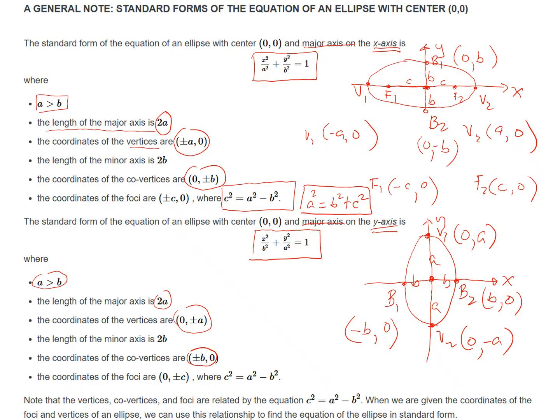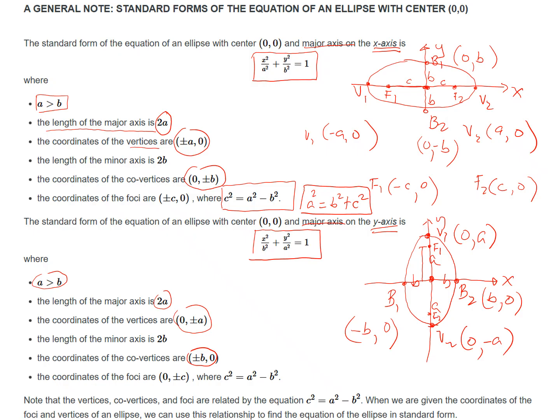The coordinates of the foci: we know that the foci are at a distance c from the center. Call this point F1 and this point here F2.